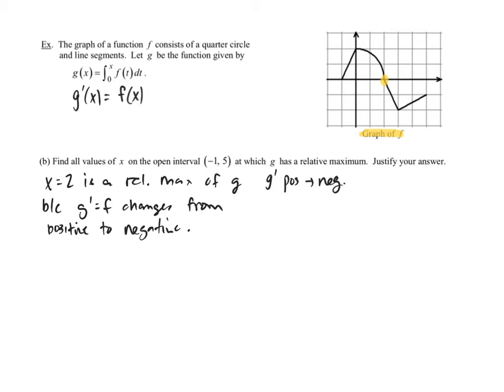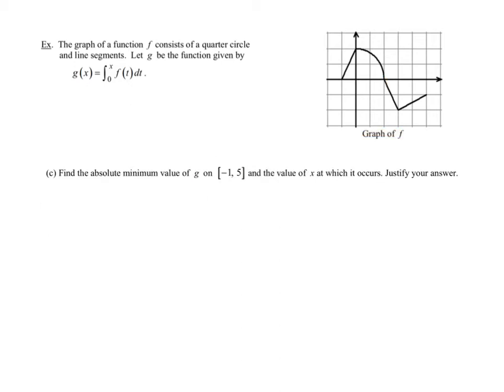On part C, the question asks us to find the absolute minimum value of the function g on the closed interval from -1 to 5. Remember that to find an absolute minimum, we're going to run what's called a candidates test, and our candidates are going to be the critical points and the endpoints of g of x.